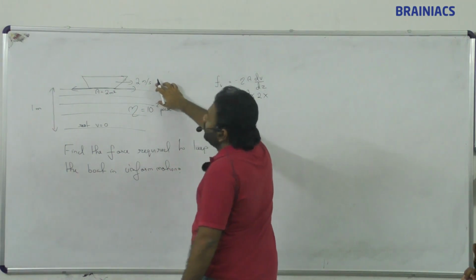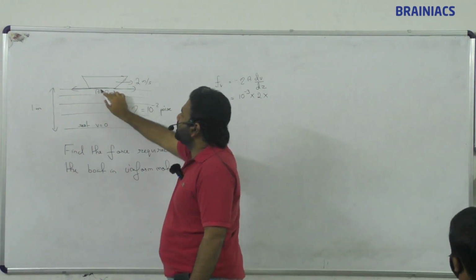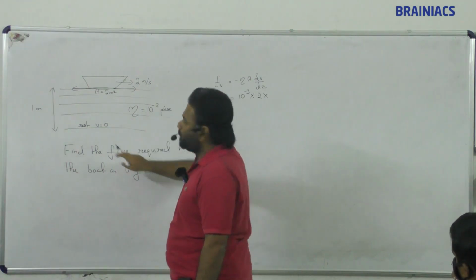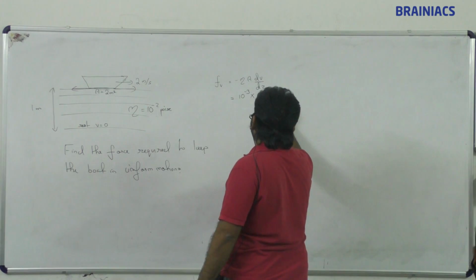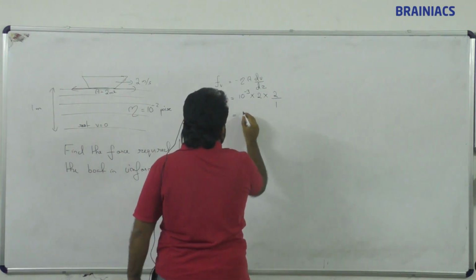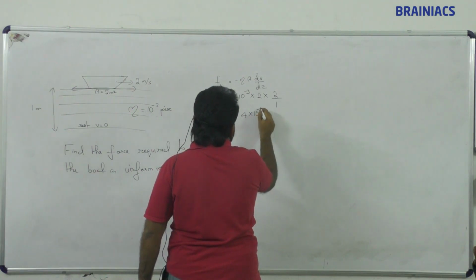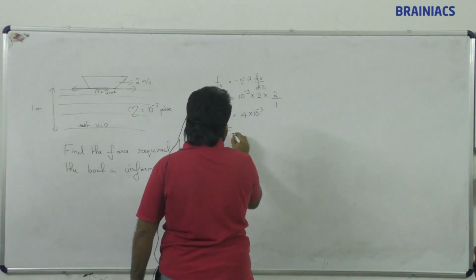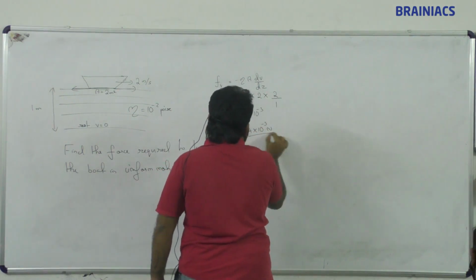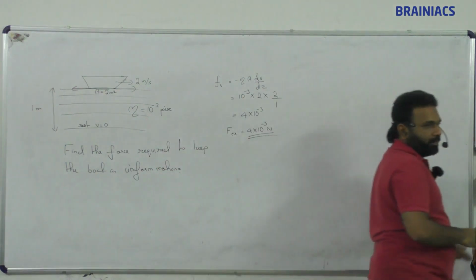If this is moving at 2 meter per second, the molecules under this also will be moving at 2 meter per second, and this is going to be 0. So dV is nothing but 2, dz is nothing but 1. So this 4 into 10 raised to minus 3 is the viscous force. So the same external force we will have to apply so that this is going to be moving with uniform velocity. Clear?